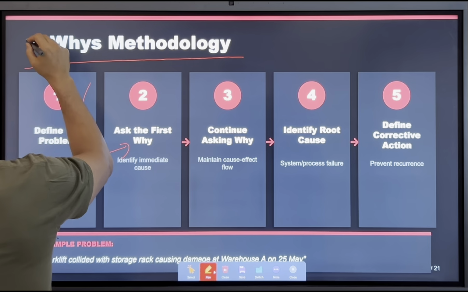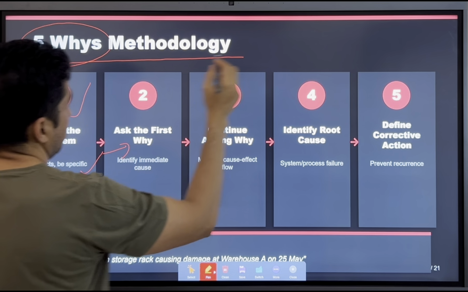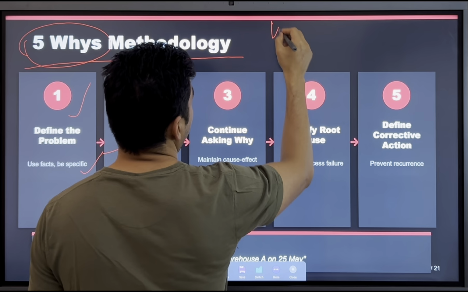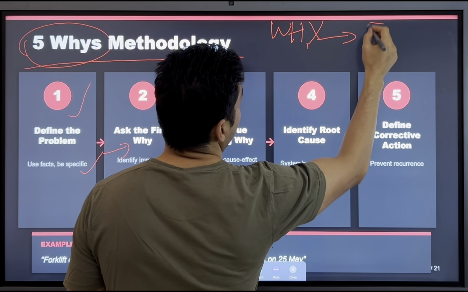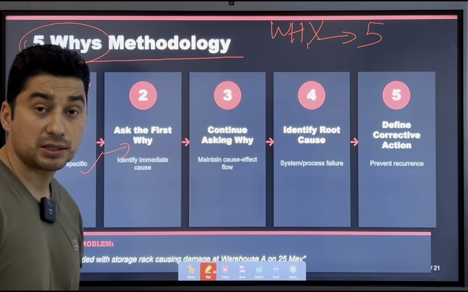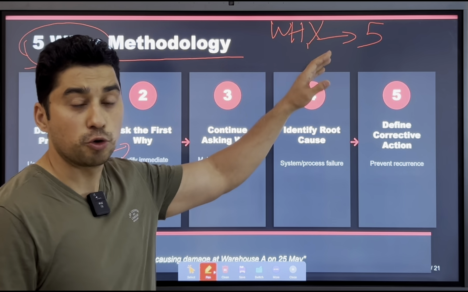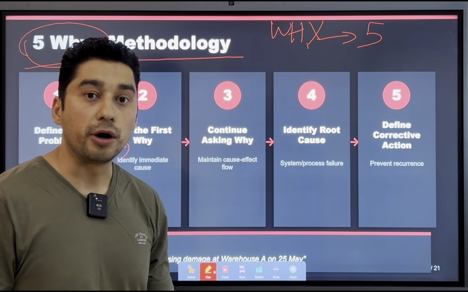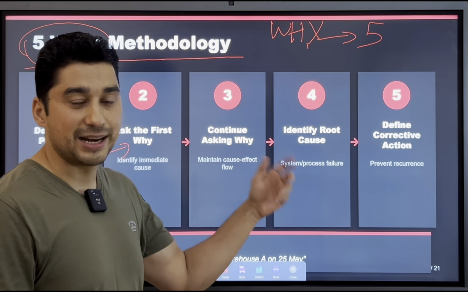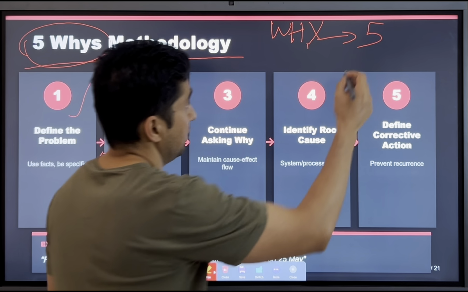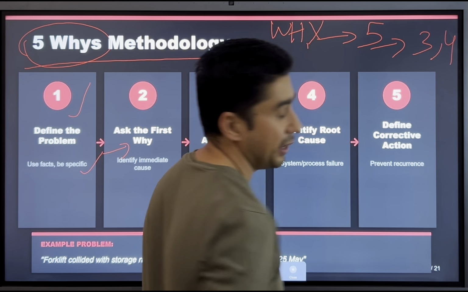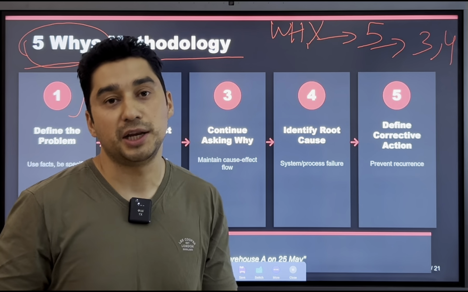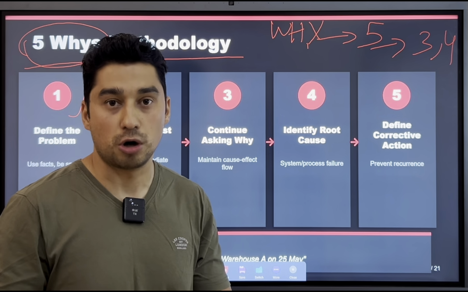Now, why are we saying it is 5 whys? Because we have to ask why 5 times. Okay, it doesn't mean that you have to ask the questions only 5 times. You can go more than that, 6, 7, 8. Or sometimes you can close your incident investigation even in 3 whys or 4 whys, if there are no further questions remaining and you have identified your root causes.